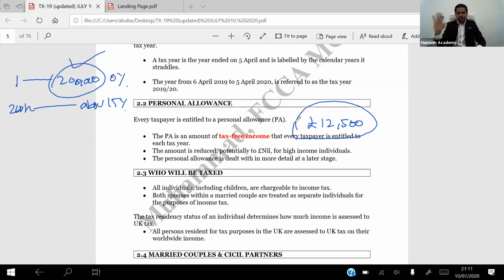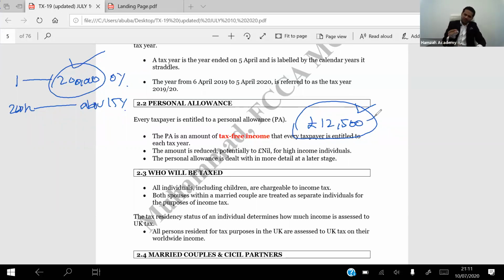Later stage, don't stress yourself. Only remember, for every person, there is a personal allowance. So when we calculate his income, this personal allowance will lower or decrease his taxable income by this amount.